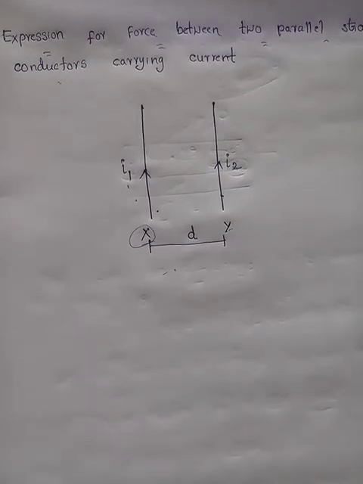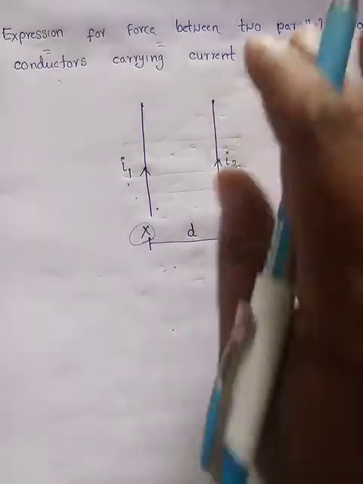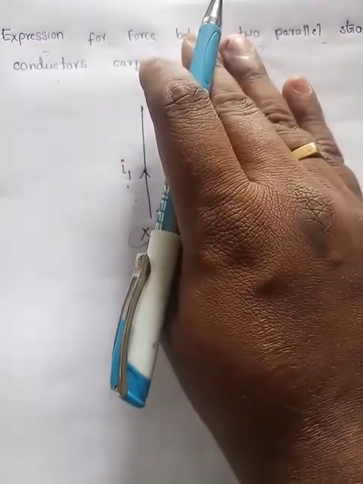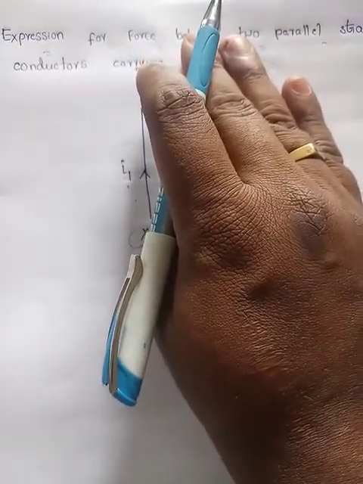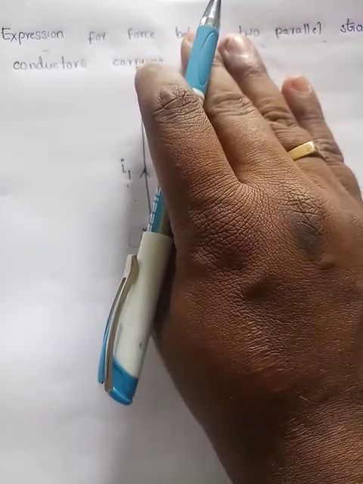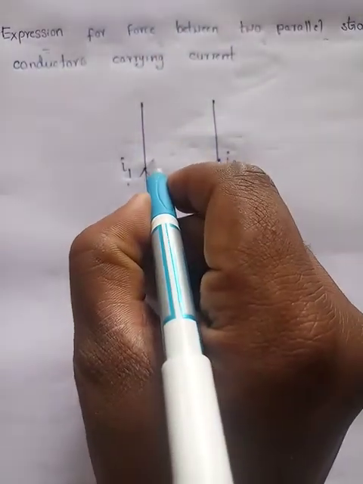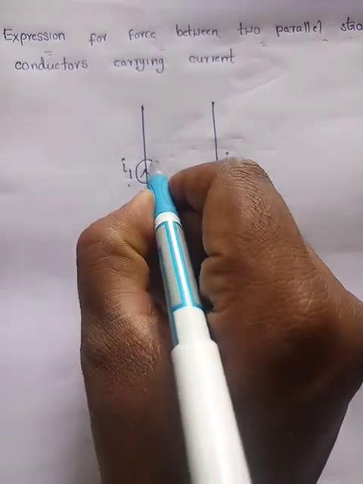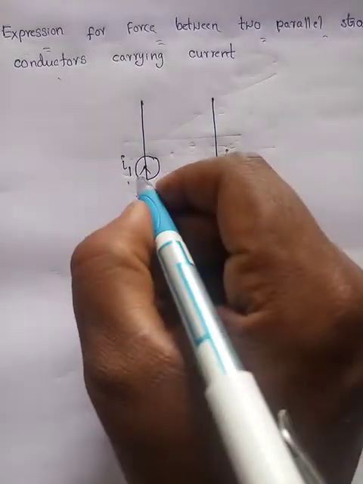Here, this is a current carrying conductor individually. This is a current carrying conductor, right? So it produces magnetic field.